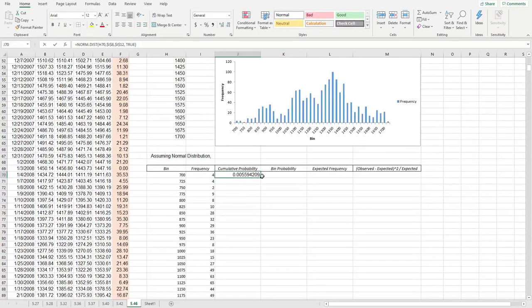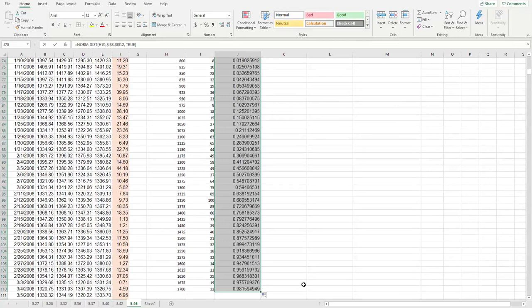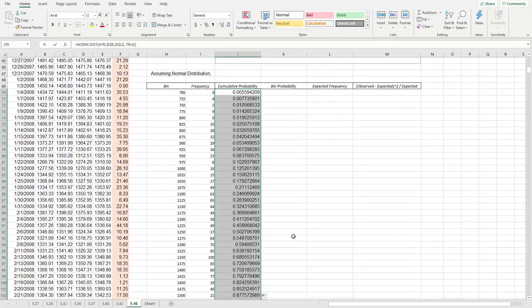Now to get the values for everything else, we just simply drag it down, and that gives us our cumulative probabilities.